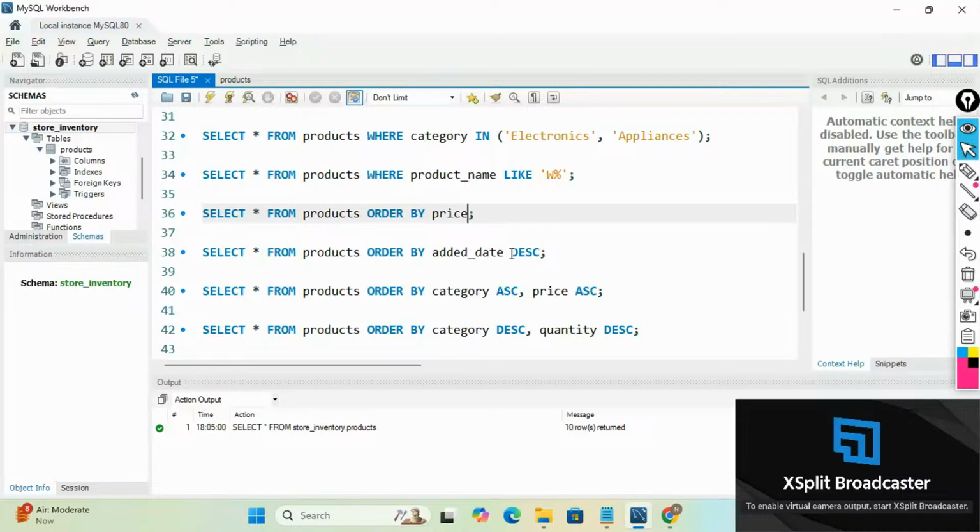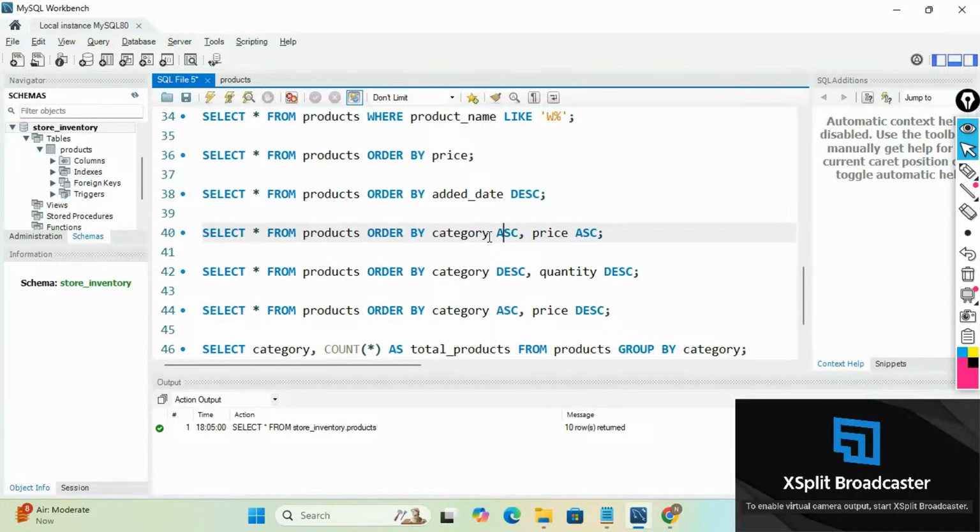Again, you can sort using n number of columns by changing the order. You see here in line number 40, I'm trying to sort the data using two columns, but both of them I want in ascending order. So the first priority will be given to category.